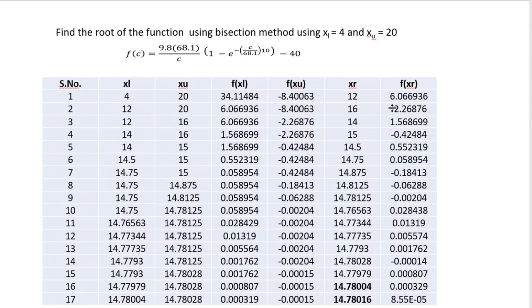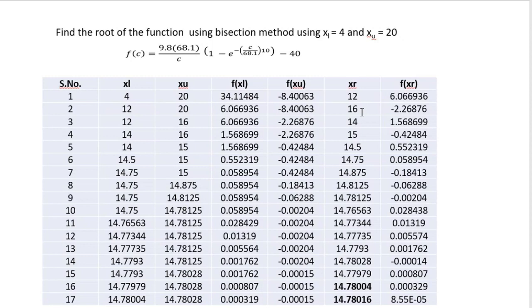So for the new search range, XL will become 12 and XU remains 20. The function values have already been calculated for 12 and 20, so the values are written here.